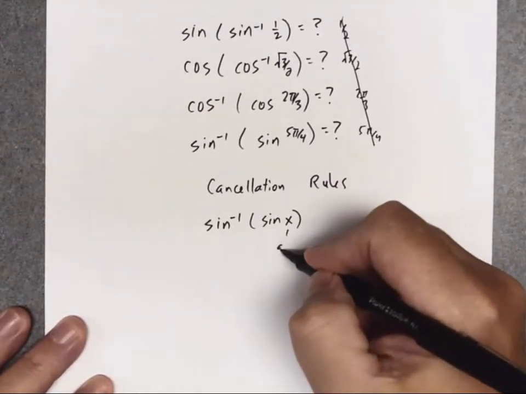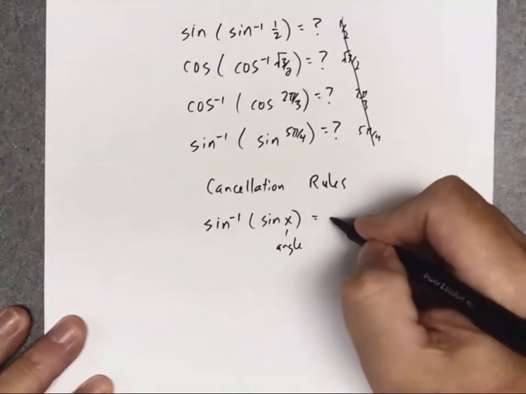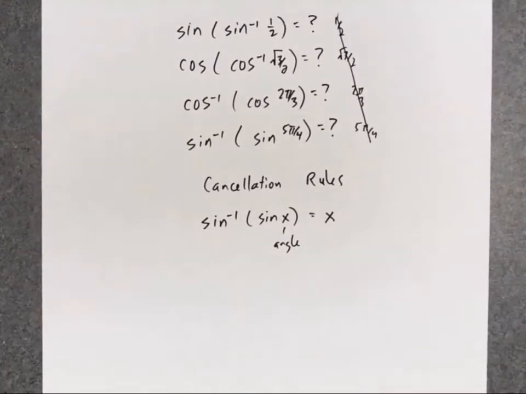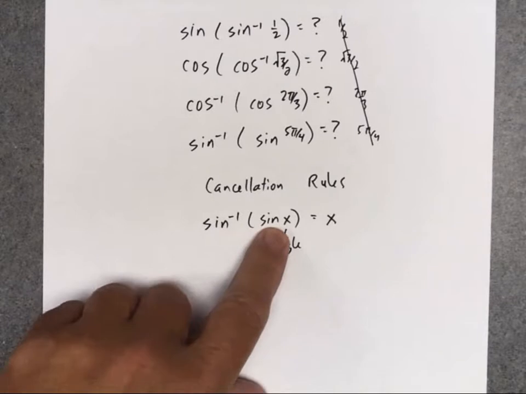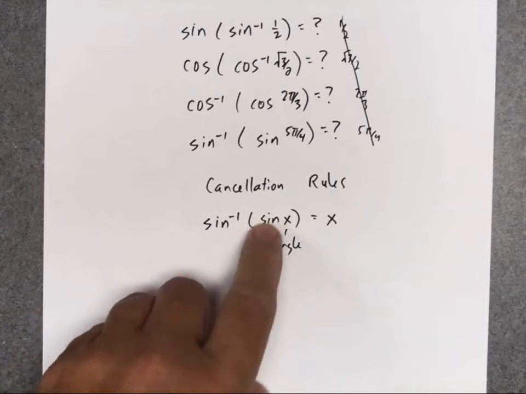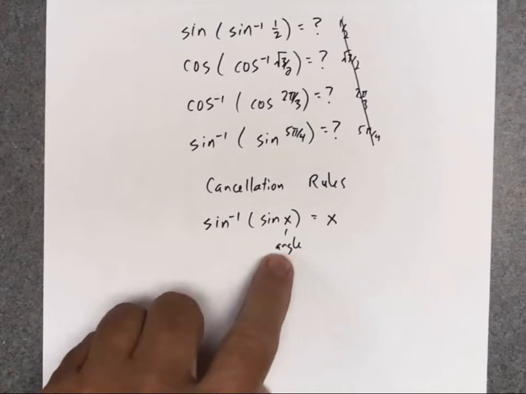This x is actually an angle, right? So now we want to know when is this true? When can I take the inverse sine of the sine of an angle and it just equals the angle? When do these things actually cancel out, and you're just left with what's inside?